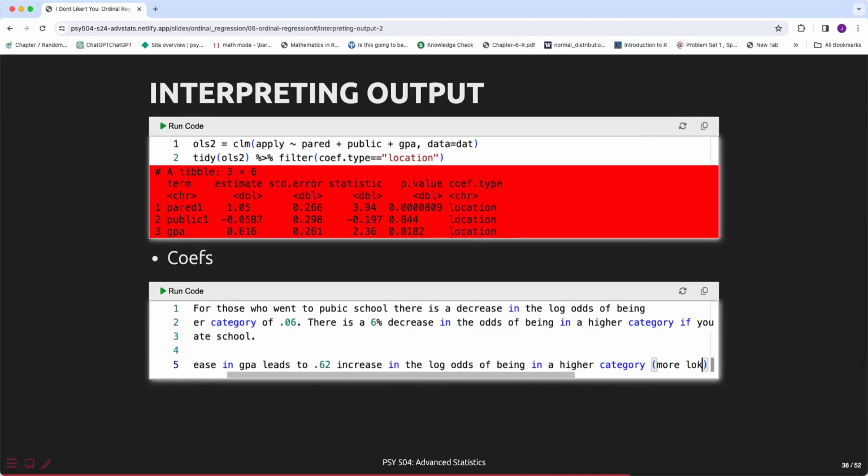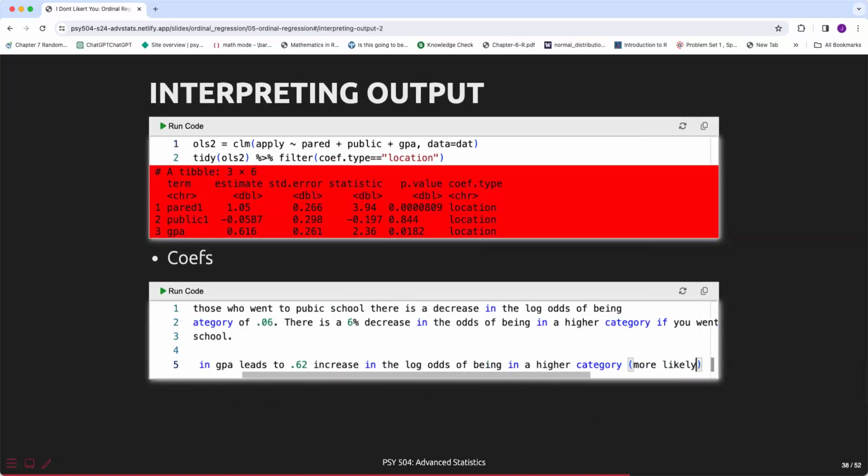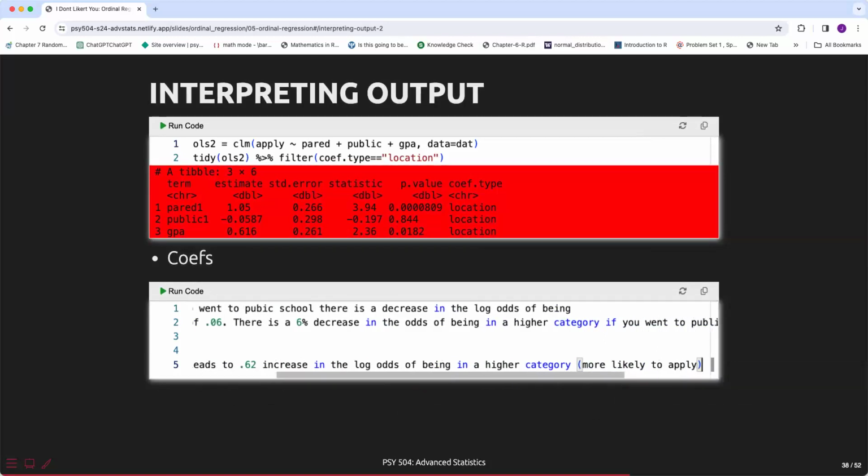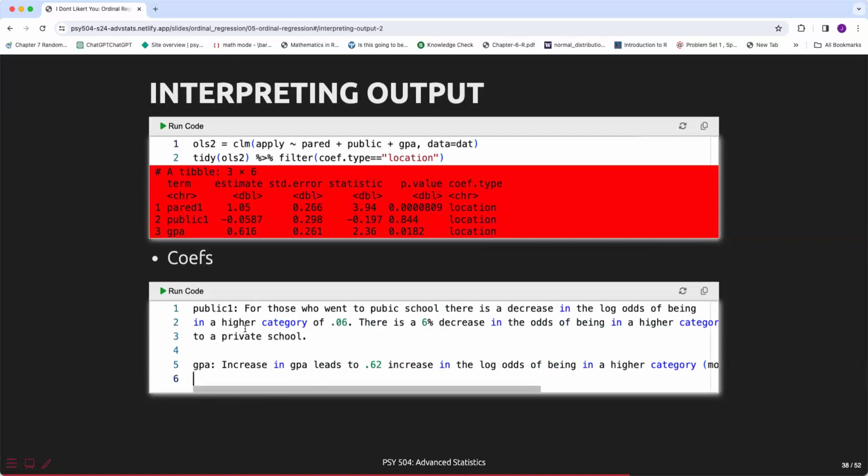So more likely to apply. What is the odds ratio of that? And then what's the actual percentage increase in the odds ratio?